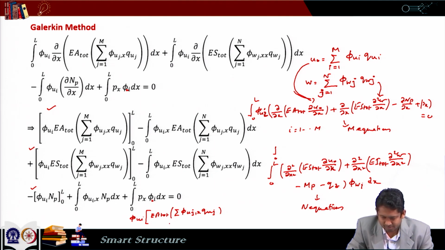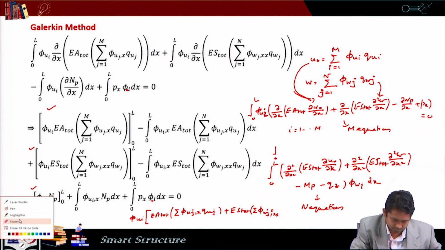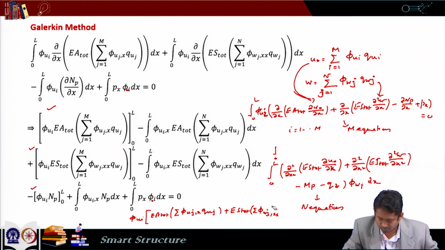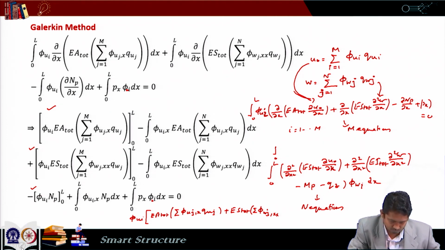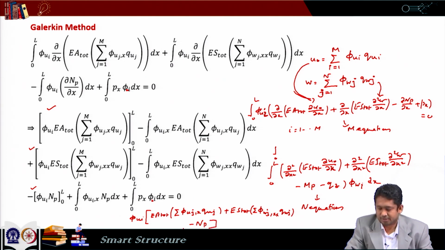Q j plus E S total into summation phi w j comma x x w j and minus n p. Now, this is approximation for u 0, this is approximation for w.